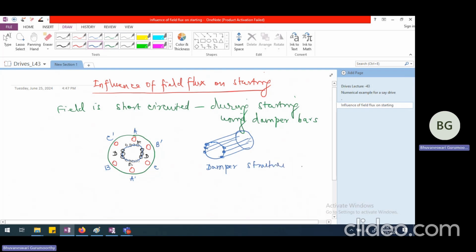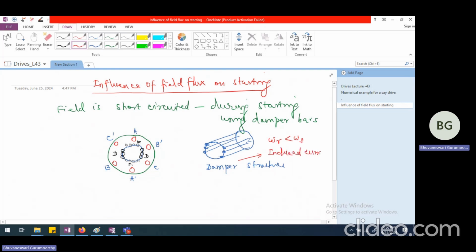So when we are talking about the damper being used for starting, they behave extremely similar to squirrel cage rotor bars. And this squirrel cage rotor bar, generally, they are going to have induced EMF in any speed. When rotor speed is less than synchronous speed, this damper will have induced current.